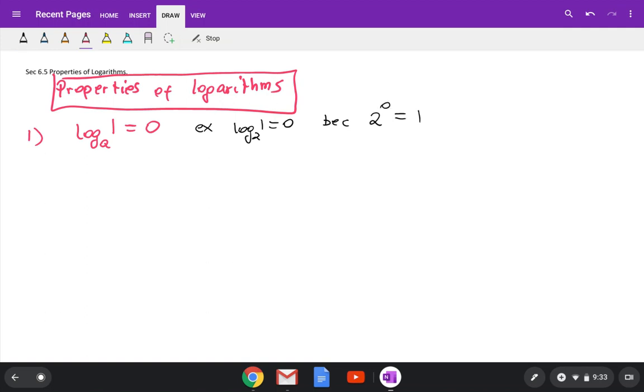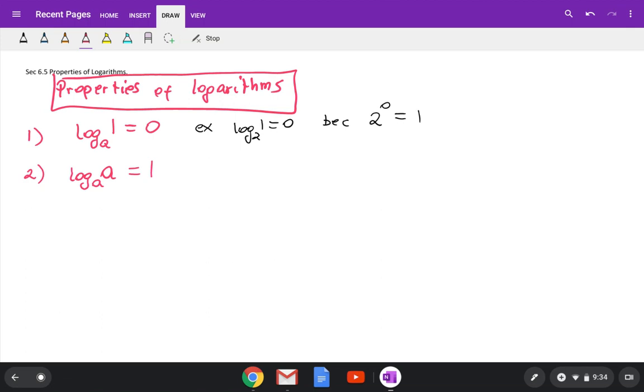Okay. The second property is log of base A of A, it's always equal to 1. So when the base of the logarithm is the same as the input, which is the number or expression next to log, it's always equal to 1.